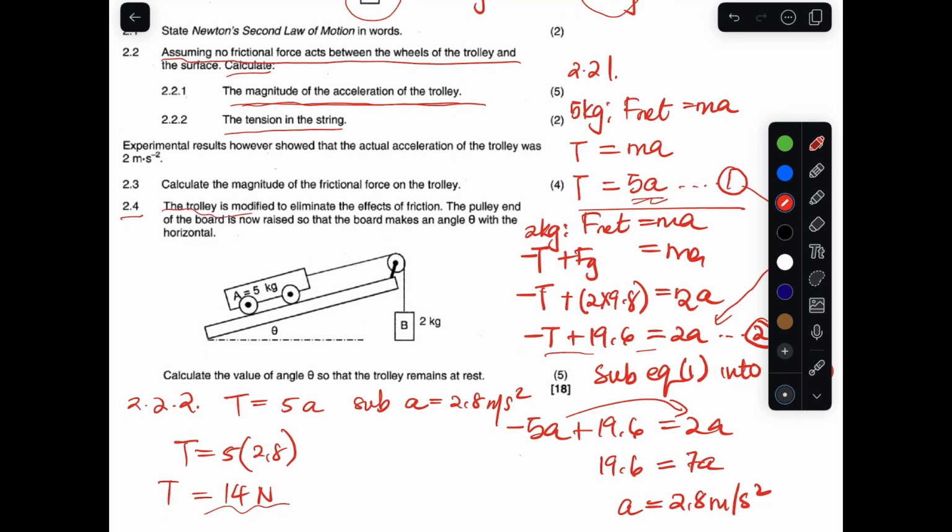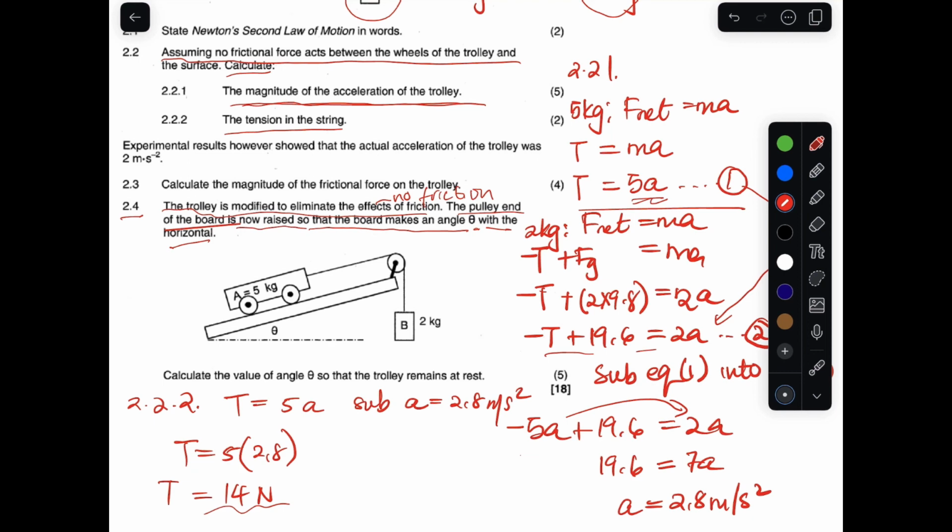Now it says the trolley is modified to eliminate the effects of friction. So by saying to eliminate the effect of friction, that means there's no friction. Friction is removed there. Now it says the pulley end of the board is now raised so that it makes an angle theta with the horizontal.